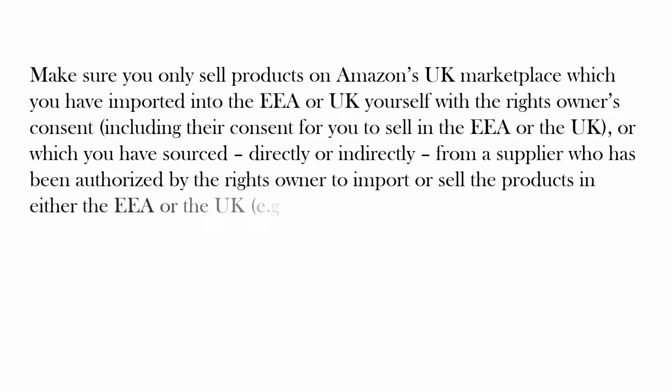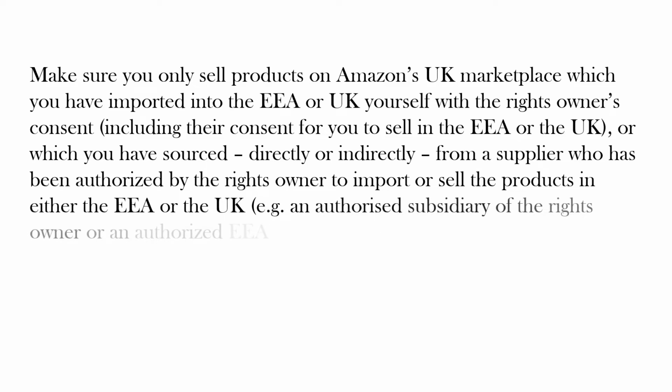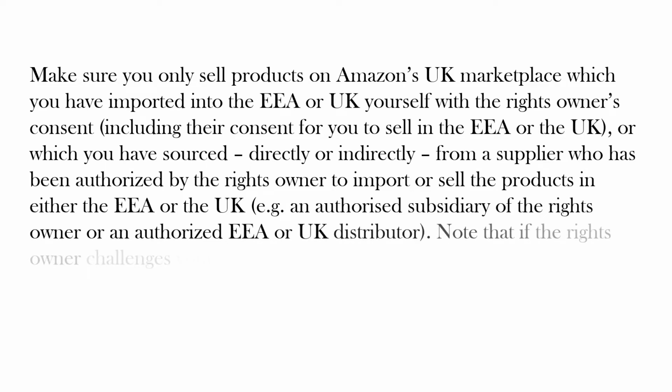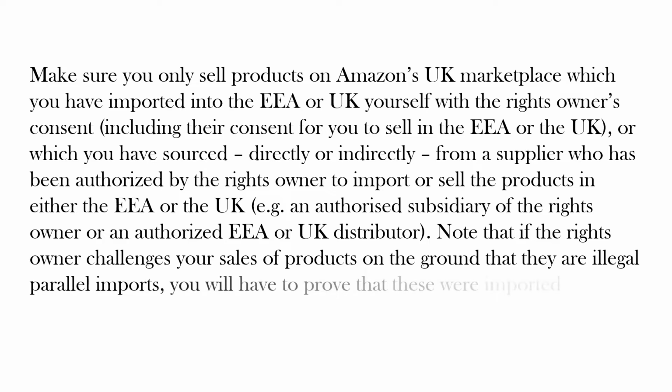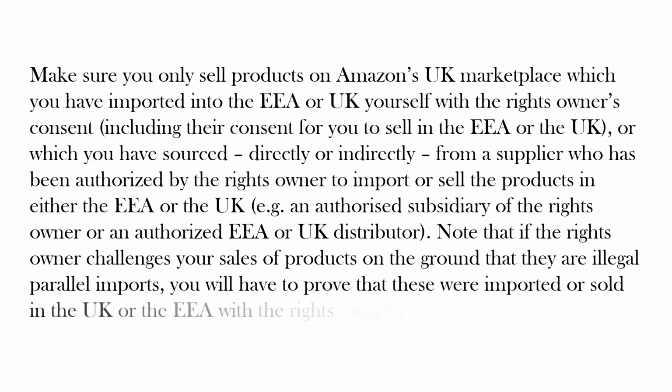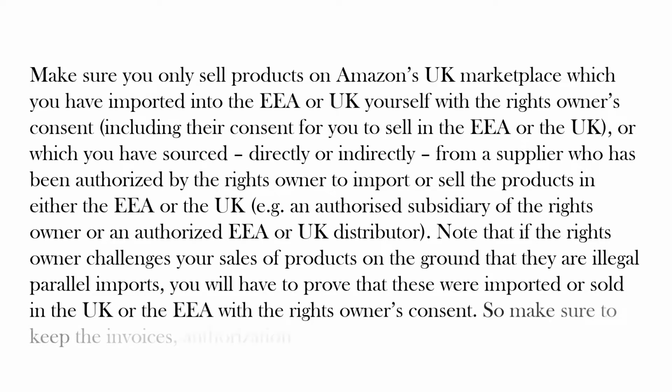Example: an authorized subsidiary of the rights owner or an authorized EEA or UK distributor. Note that if the rights owner challenges your sales of products on the ground that they are illegal parallel imports, you will have to prove that these were imported or sold in the UK or the EEA with the rights owner's consent. So make sure to keep the invoices, authorization letters, etc. for these products.